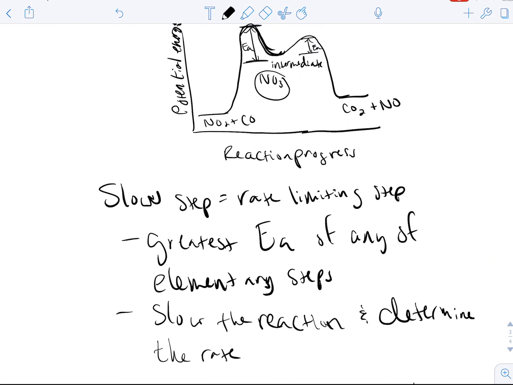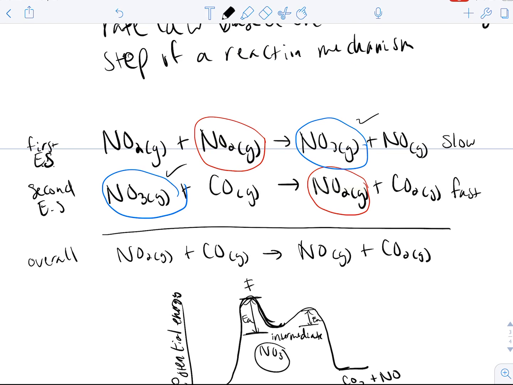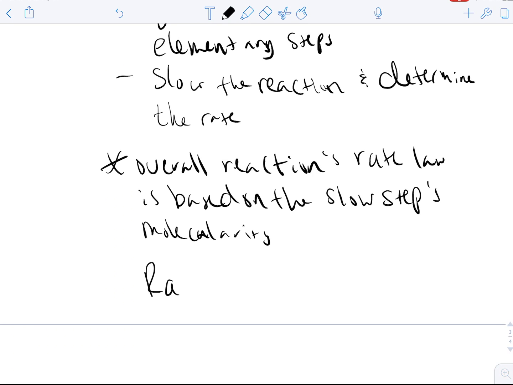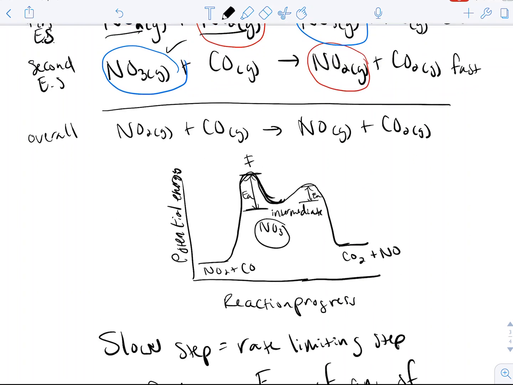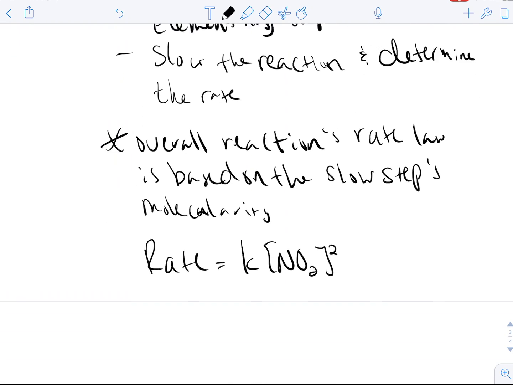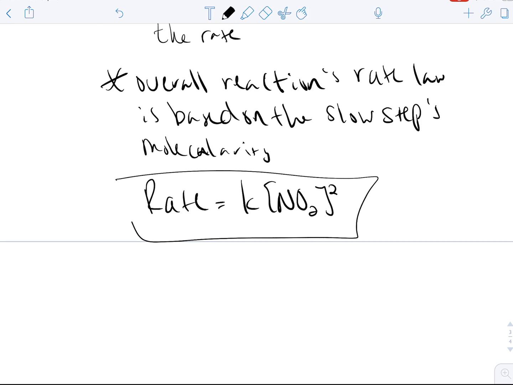So for this reaction above, we have 2 molecules of NO2 that are reacting, so our rate would be k[NO2] squared. So this would be a second order process with respect to NO2 and second order overall. So this would be the rate for this reaction.